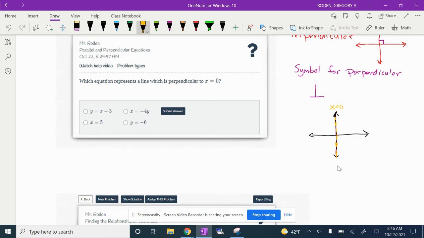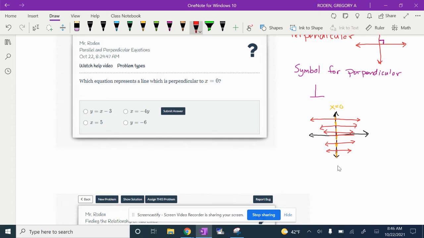Well, it's going to be a horizontal line, okay? It's got to be a horizontal line. Any of these horizontal lines, like this one and this one and this one, all of these lines, if I draw them correctly, are perpendicular to the line x equals 0 because the line x equals 0 happens to be the y-axis.